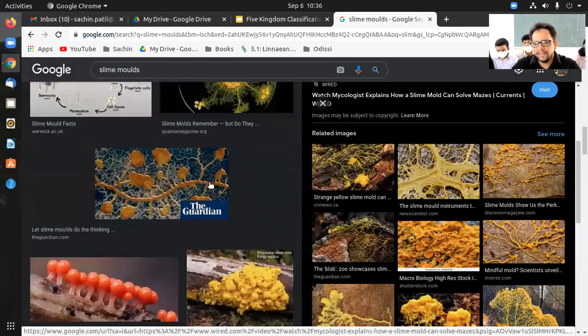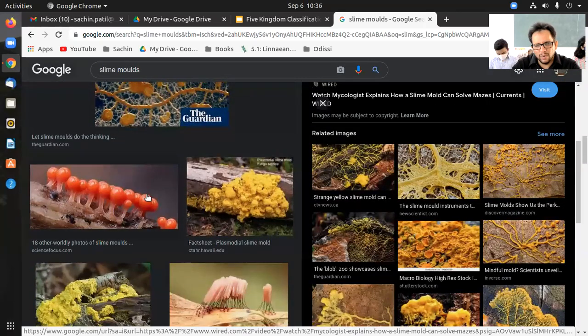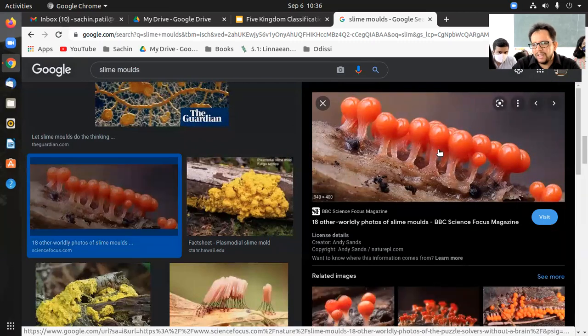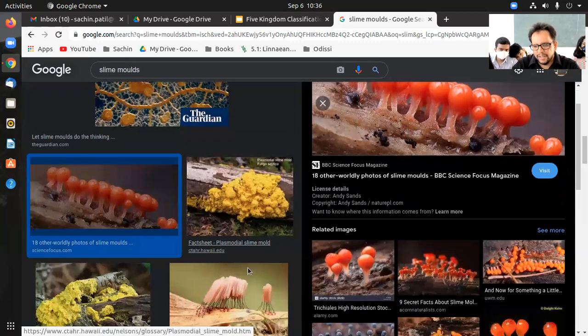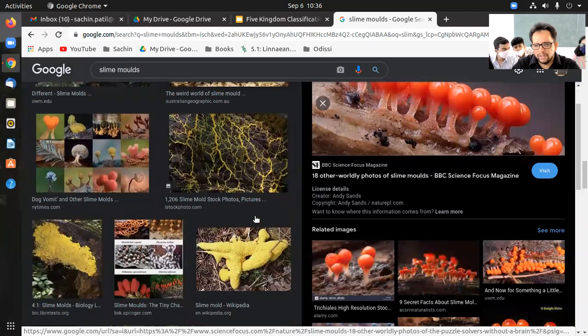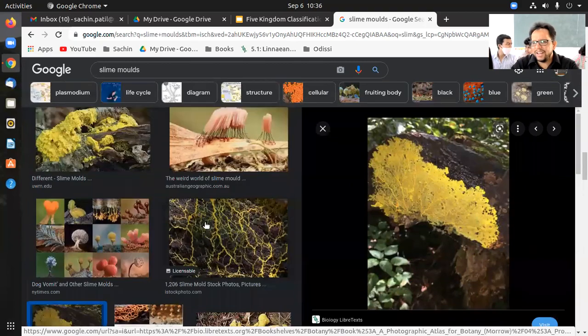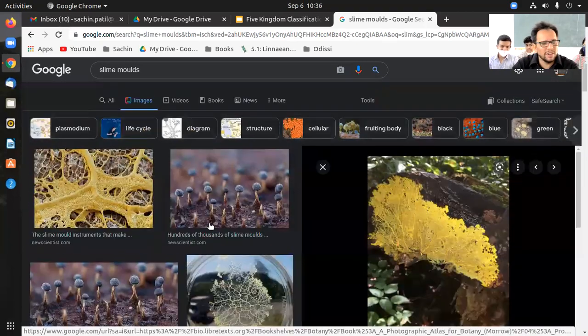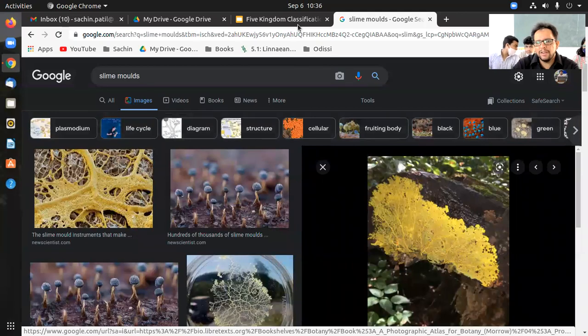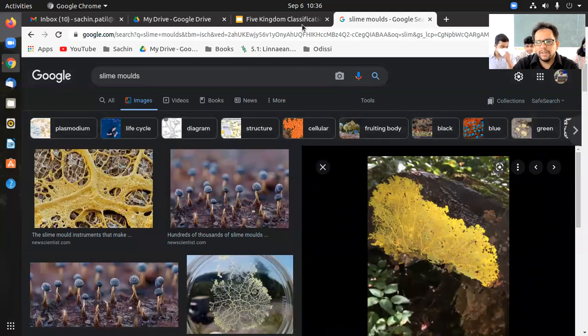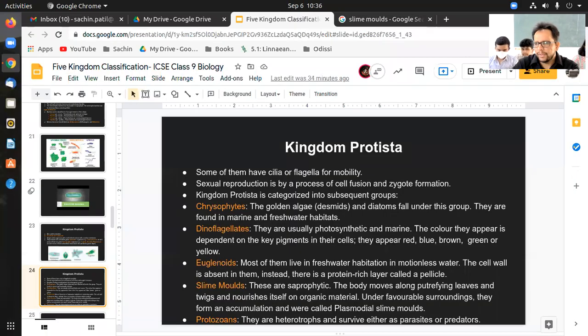So these are just examples, and if you look at them microscopically, they look like this. Again, this one is another example. There are several such examples, especially on decaying plants, you will find these different things.